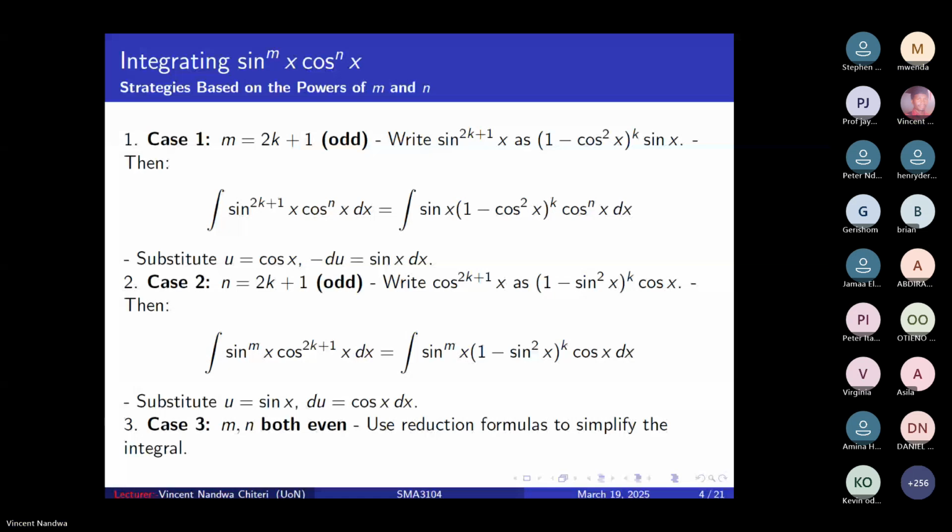Then the part where we have the even power is where you use the identity 1 minus sine squared x is cos squared x. In a similar manner, you now let u be sine of x, the variable which is inside the brackets. Then that will help you to transform your original integral in terms of the u variable, which you can integrate using the power rule.